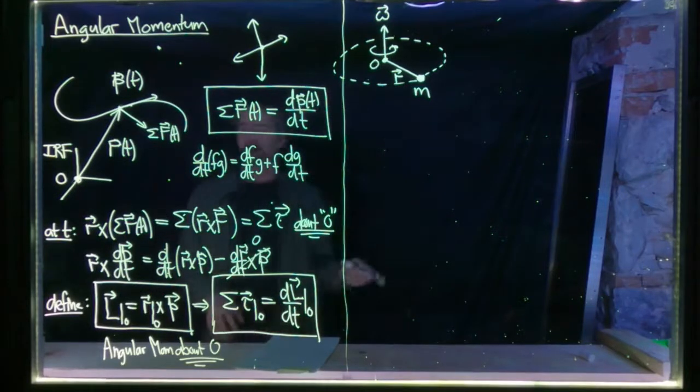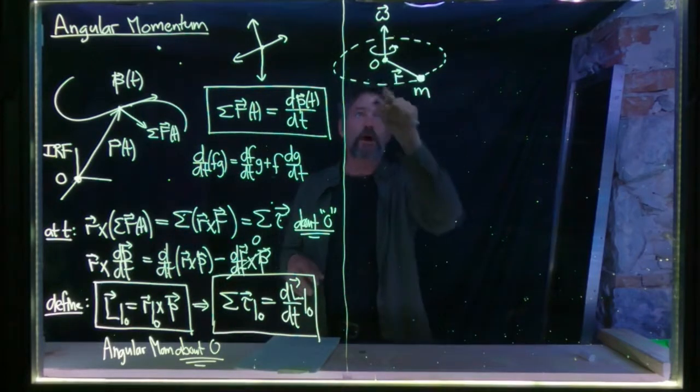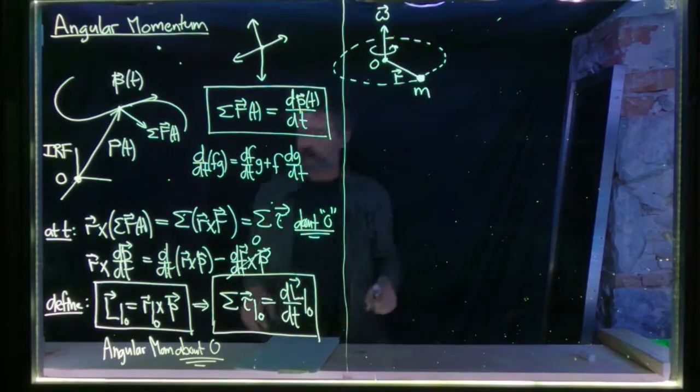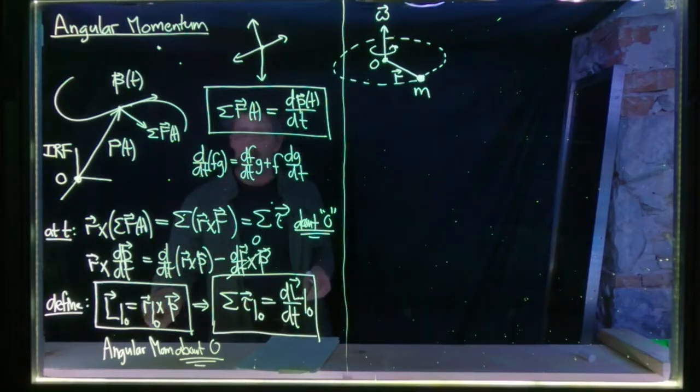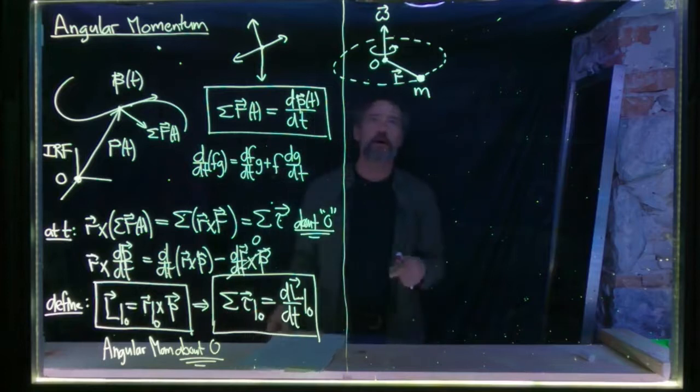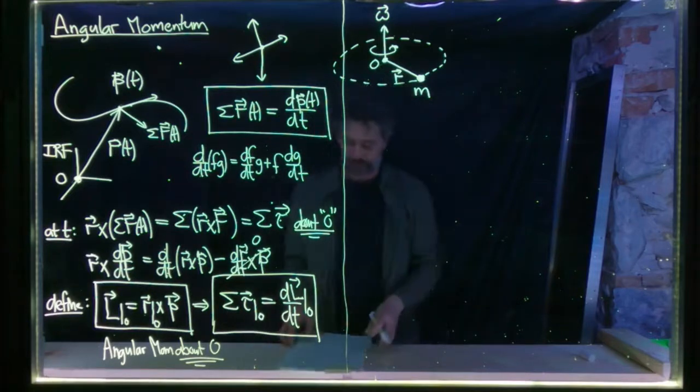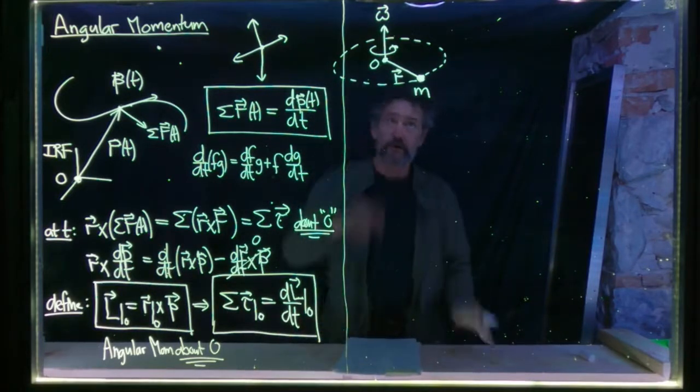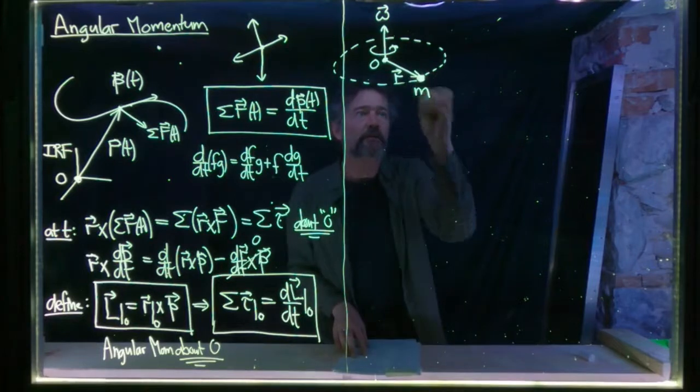So let's evaluate the angular momentum of this rigid body about that point. What is the position of the mass m relative to that point? Well, that's the vector r that we've drawn right here.